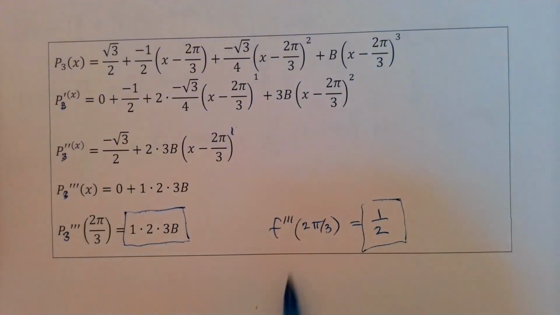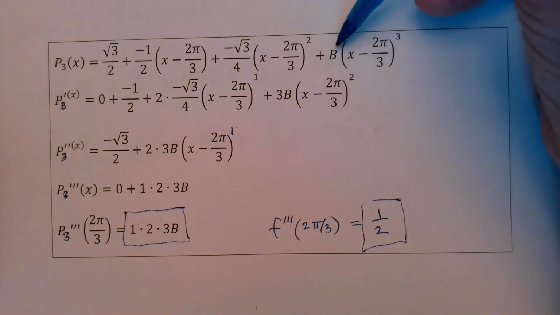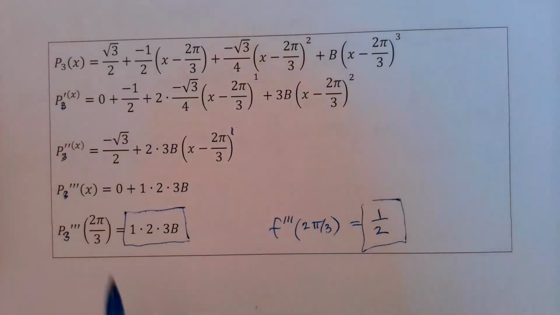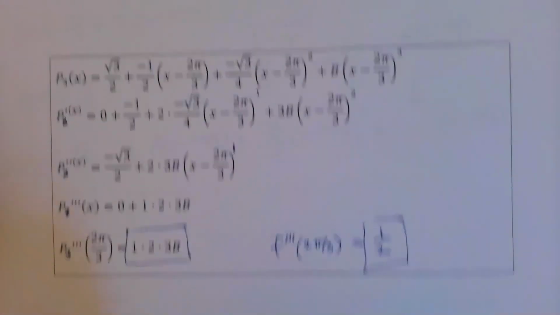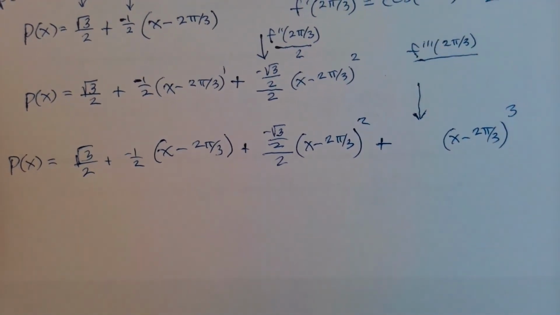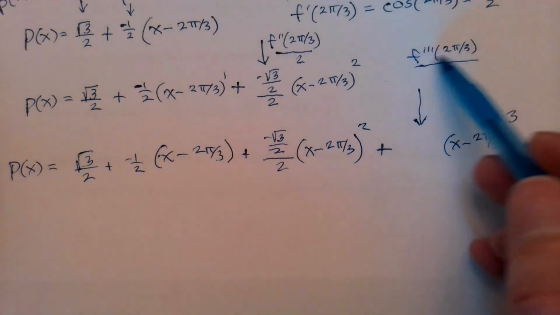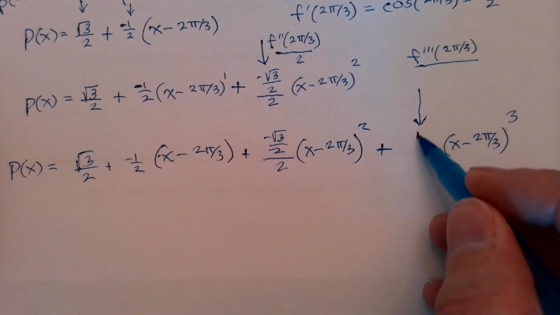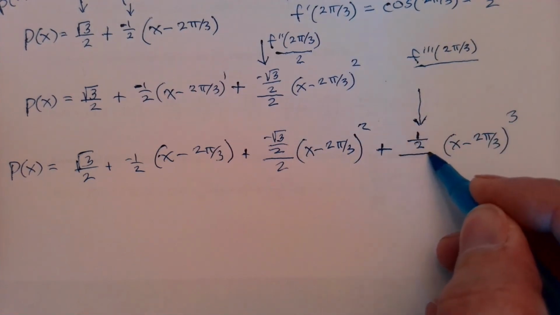So, can f triple prime of 2 pi over 3 be the coefficient that goes here? No, not unless you divide it by 2 and 3. That's what you're supposed to learn here, and that's what we mean about matching derivatives. So this value is a half, and yeah, I'm going to put it here, but I'm also going to divide it by 2 and 3.